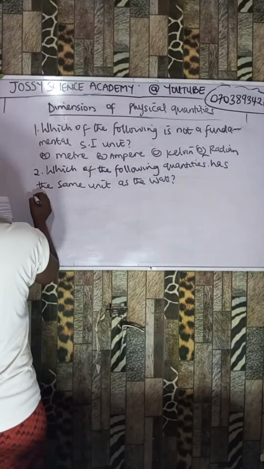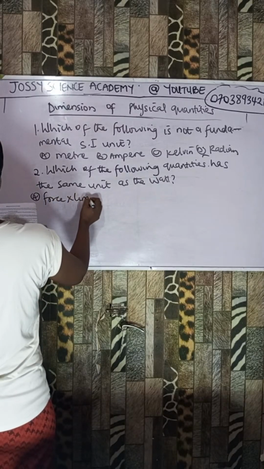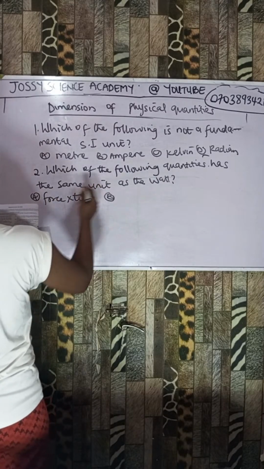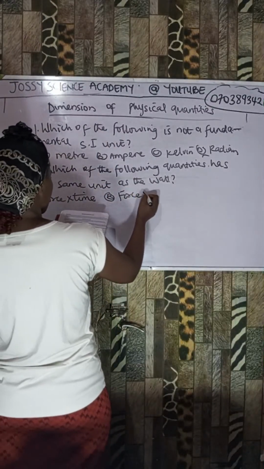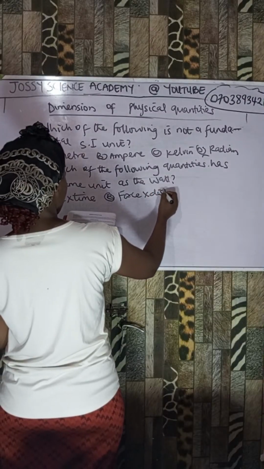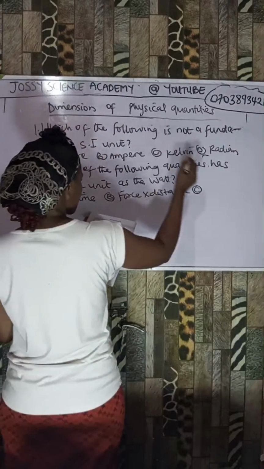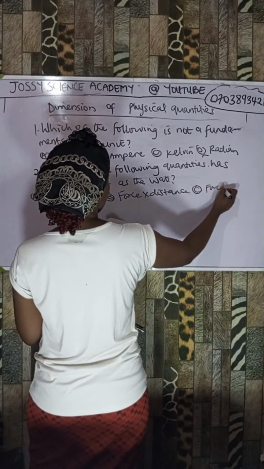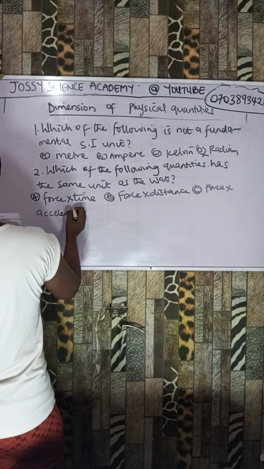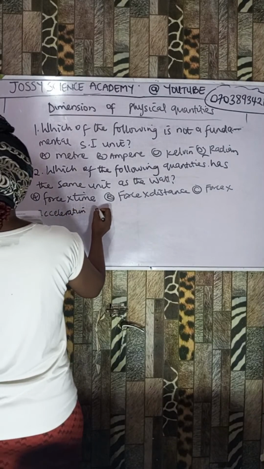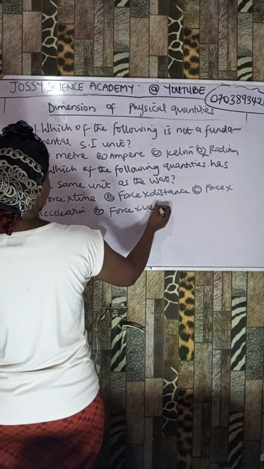They give us A to be force times time, B to be force times distance, C is force times acceleration, and D is force times velocity.